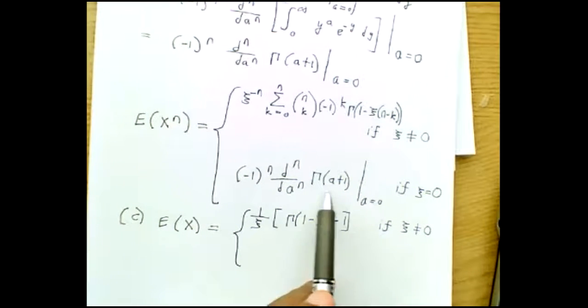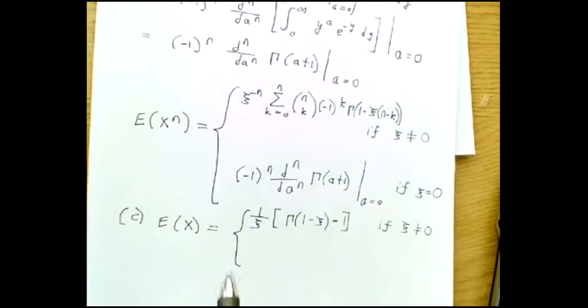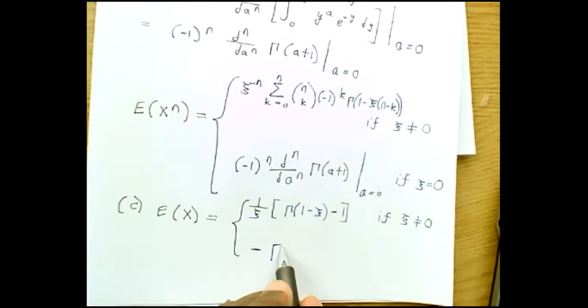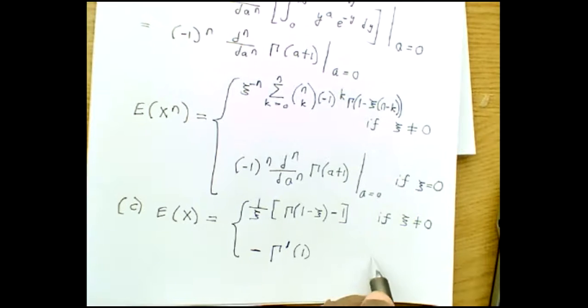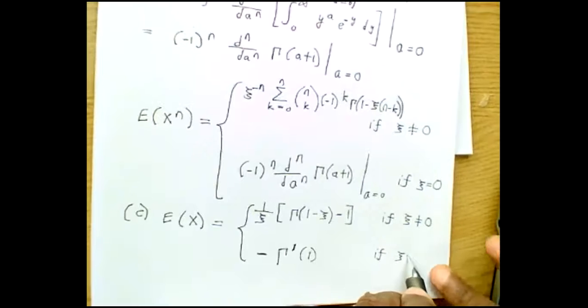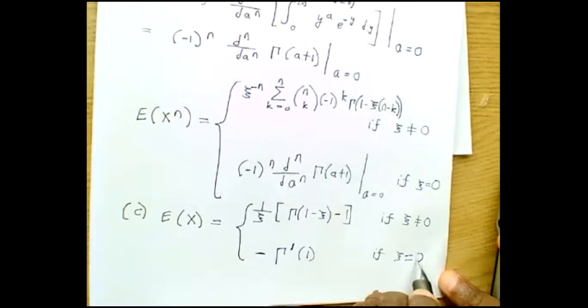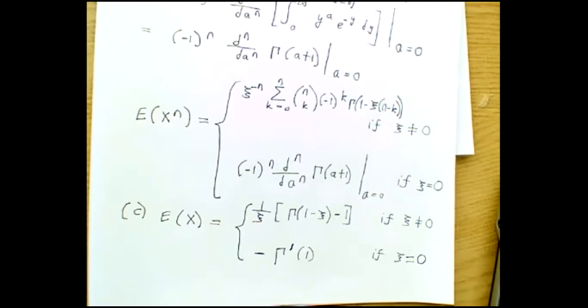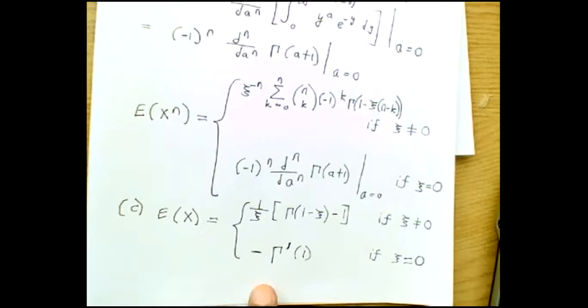And if you put n equal to 1 into this, you will get minus gamma prime. Prime means derivative. Okay, so this is the answer to part C of question 1. And finally, part D.